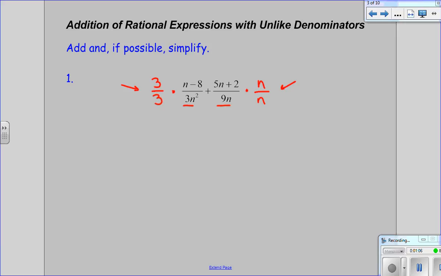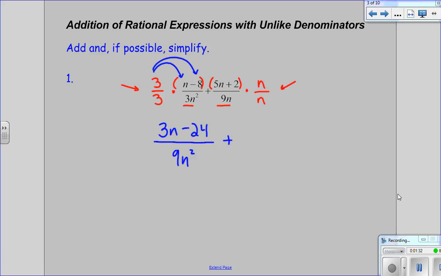So let's multiply to get the equivalent forms, and then we'll add these two rational expressions together. Remember, in the numerator, when you multiply, make sure that you distribute your monomial to both terms. So let's rewrite our rational expression. 3n minus 24 over 9n squared.